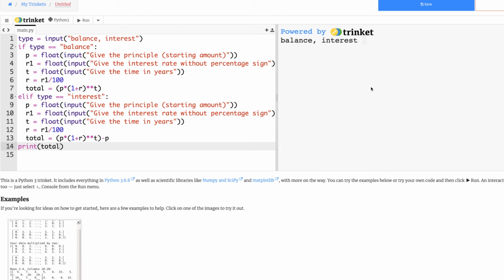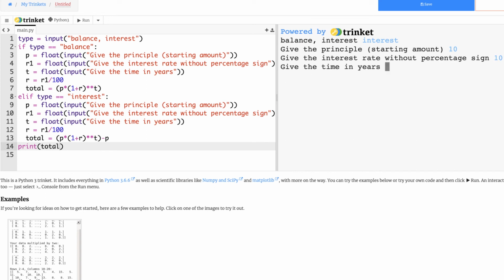Let's try another interest question. The principal starting amount is 10. Say the interest rate will also be 10. Say the time in years will be 2. Now, 2.10.